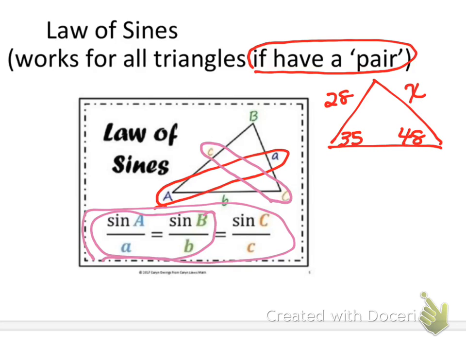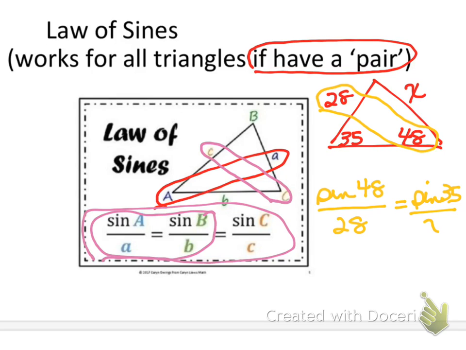So I see that in this situation, so I'm going to change my color, I indeed have a pair. I have an angle and a side. So I'm going to use the law of sines to solve for the missing side. So I'm going to say, setting it up, the sine of an angle, the angle is 48, over 28 equals the sine has to be followed by an angle, 35 over x.